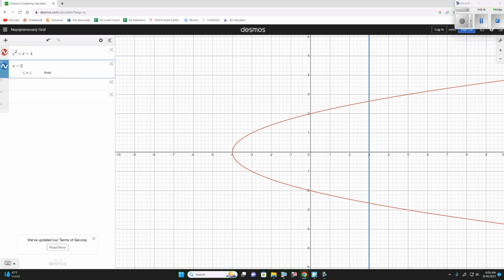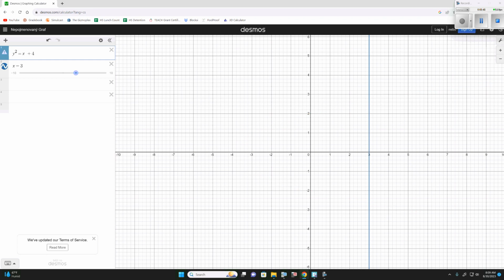Also, if you're having to take square roots or apply powers to y, there's a good chance it's not a function, but you can always graph it. Again, this here is not a function. It's an equation, but not a function, because we can draw a vertical line and cross it twice.